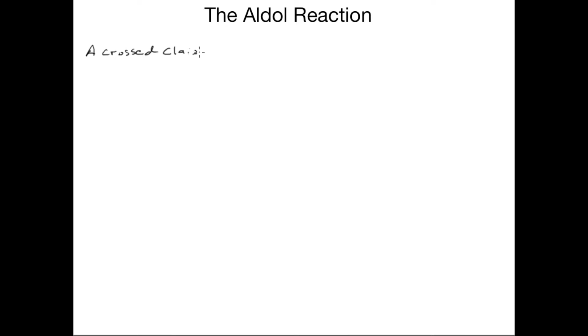So as an example, here we have this ester, and in this case we're going to use LDA here because I'm going to completely deprotonate this, or completely enolize the one, and then I'm going to add my other guy.